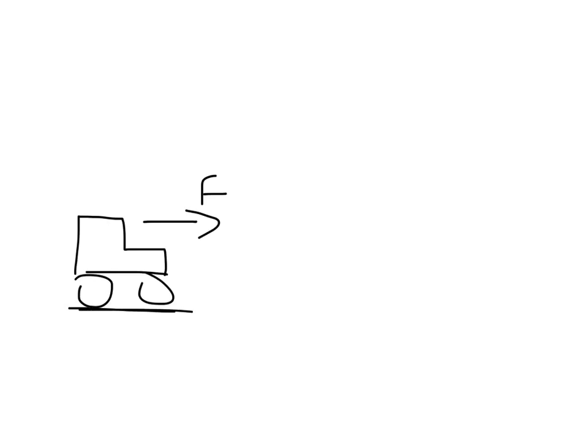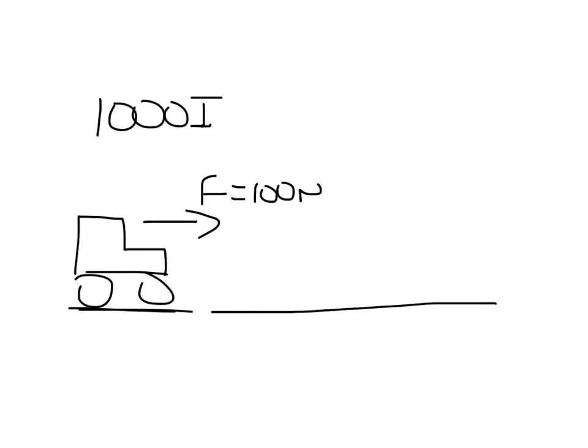So, if I provide, say for example, say 1,000 joules, right, of the work done by the car, alright, and driving force is, say for example, 100 newtons, alright, so now we can actually work out the distance traveled by the car.